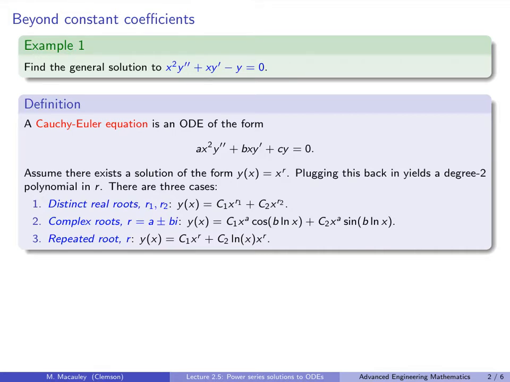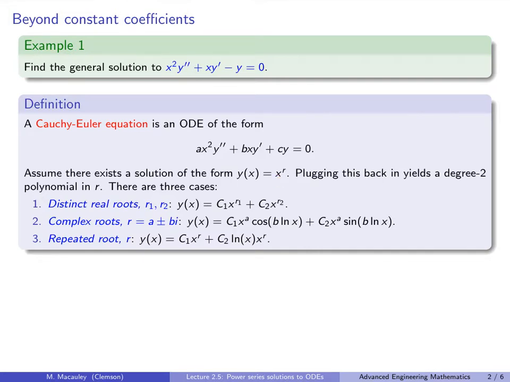If you want to see them, I would encourage you to go to my Intro ODEs course, and I have a lecture on Cauchy-Euler equations, because that's what this is. Here's the definition. A Cauchy-Euler equation is an ODE of the following form: a x squared y double prime plus b x y prime plus cy equals 0. For all of these, as above, we assume that there is a solution of the form y of x equals x to the r.